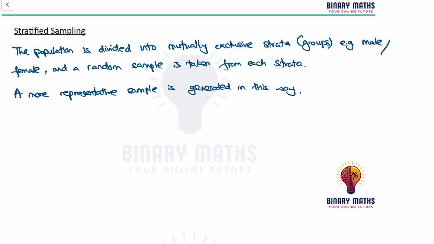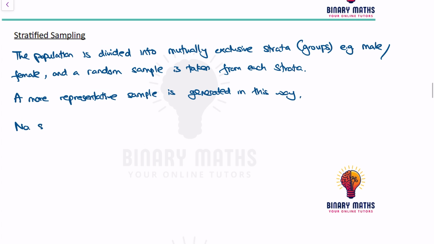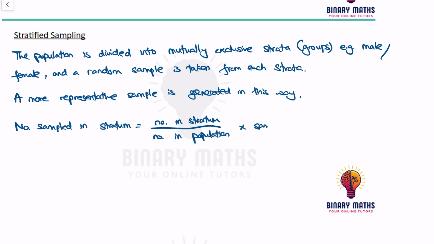So the formula is number sampled in stratum is equal to number in stratum over number in population times by sample size.